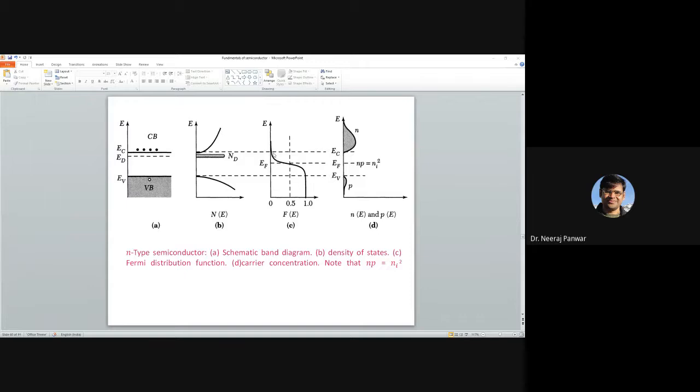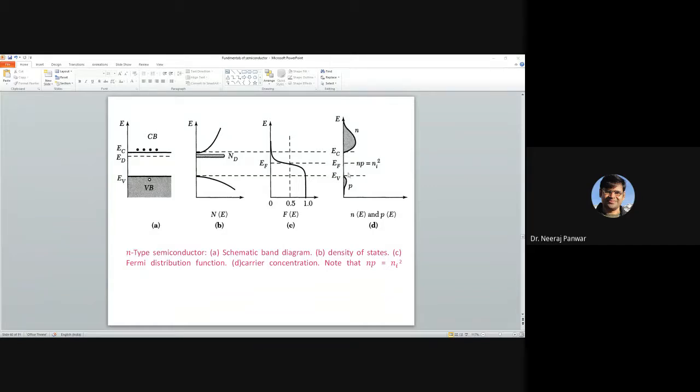We have a finite probability of finding an electron in the conduction band. And since it is an N-type semiconductor, this area, obtained by multiplying the density of states with the Fermi-Dirac distribution function, represents the number of electrons per unit volume, or the electron concentration in the conduction band. Because it is N-type, the area in the conduction band is large.